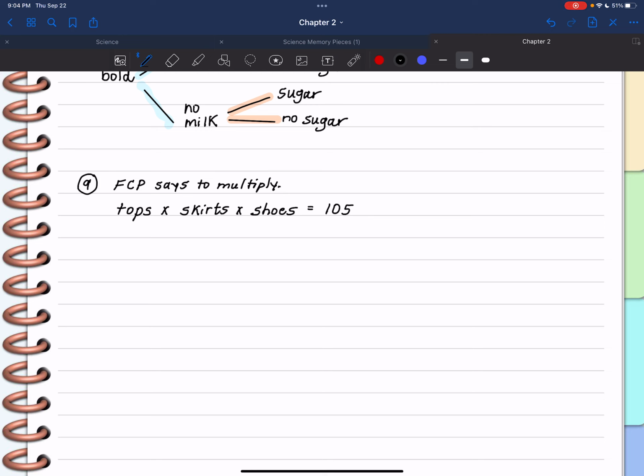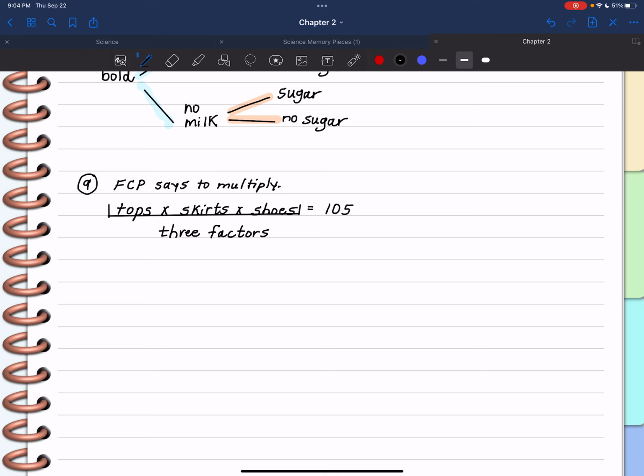So we are looking for 3 factors. I didn't mean to mark it out. I meant to do this. Okay. The iPad and I are about to have a problem. All right. These are 3 factors that will make the 105.